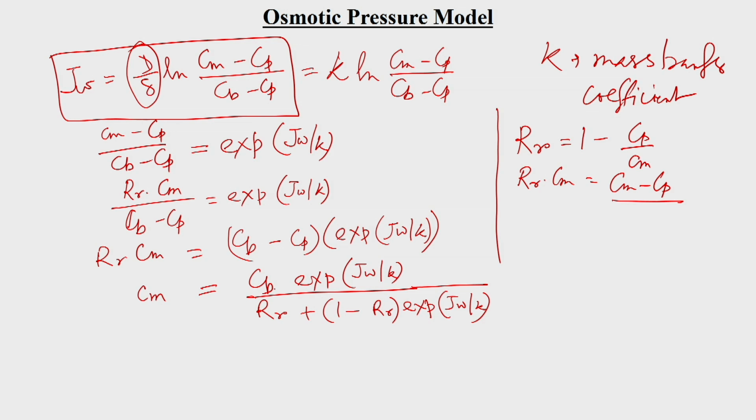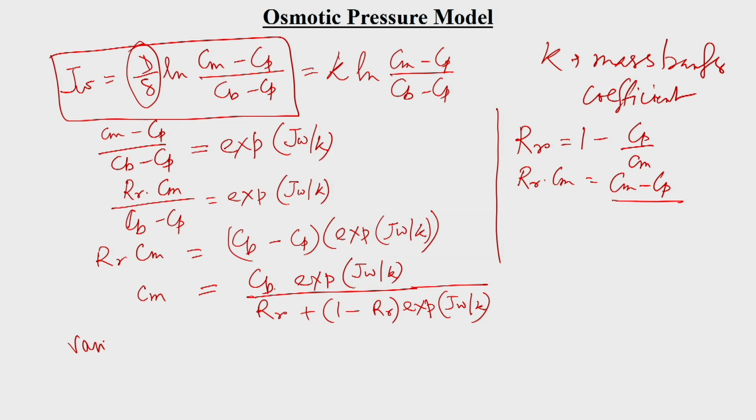And here we also explained that if the molecular weight of the solute is very small, then osmotic pressure has a contribution, and we know this as per the Van 't Hoff equation. With the progress of the membrane separation process, the osmotic pressure goes on increasing. Okay. So, the Van 't Hoff equation is applicable here.